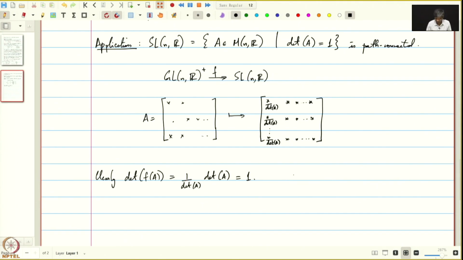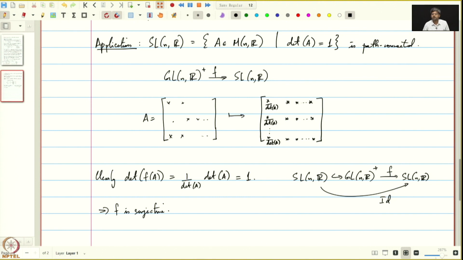Okay. Now SL_n(R) is contained inside GL_n(R), and here we have F, GL_n(R)^+ to SL_n(R), right? And this composition is equal to identity, right? So this implies that F is surjective, right?